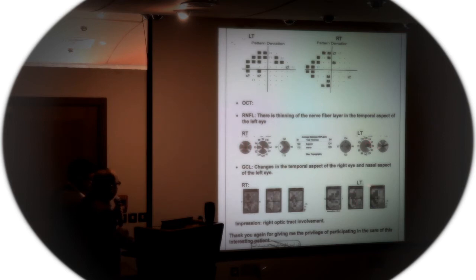But when we evaluated the macula, we found a specific pattern, which is affection of the nasal fibers of the macula here and the temporal fibers of the macula here.